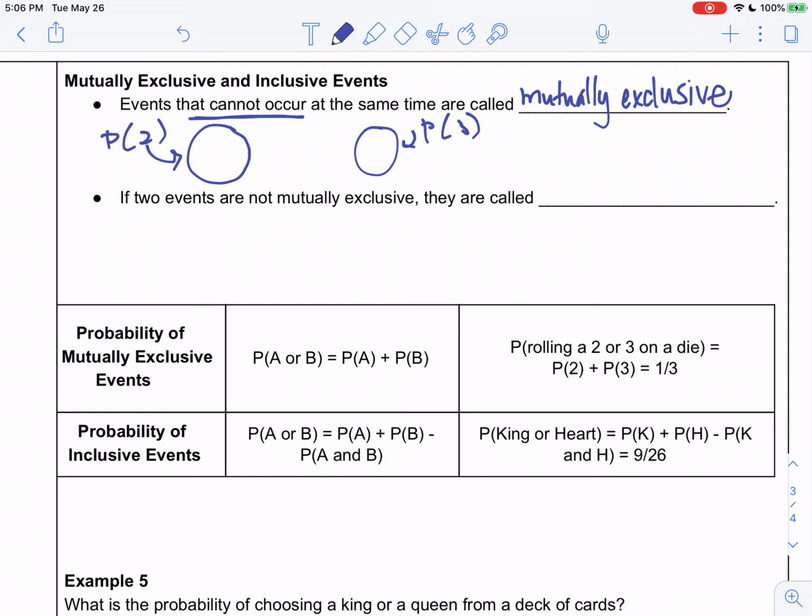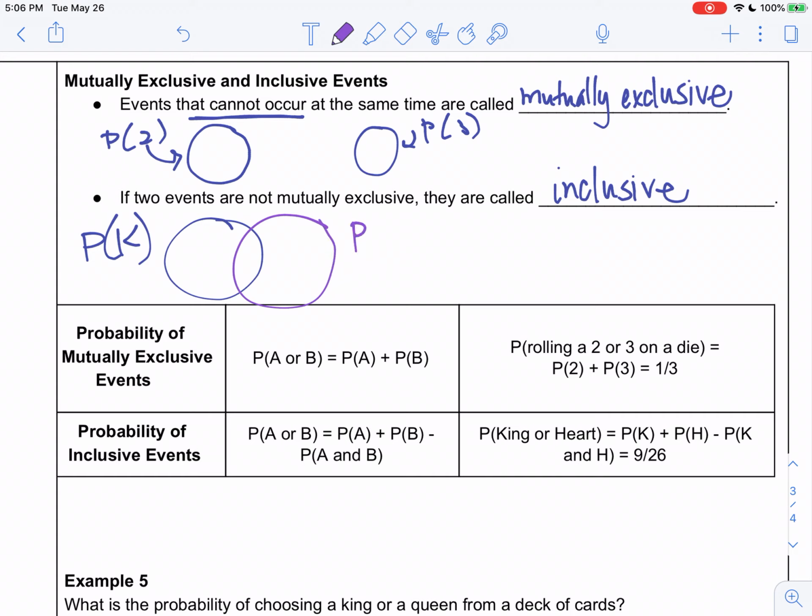2 events that are not mutually exclusive are called inclusive, which means there might be something in common. So, for example, the probability of picking a king out of a deck of cards, the probability of picking a heart out of a deck of cards.